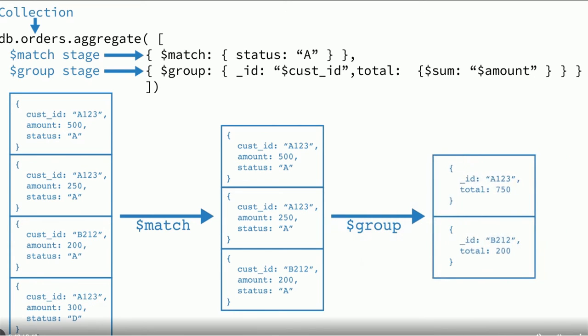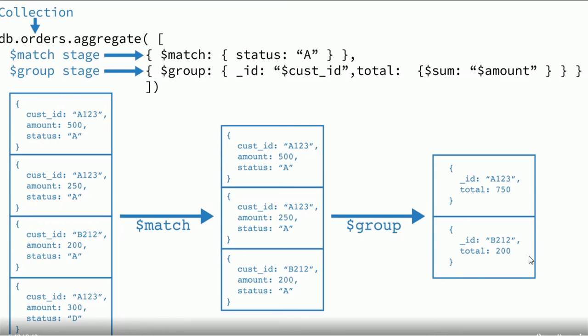Next, based on customer ID, if you find here customer ID A123, A123, it is grouping based on those customer IDs. So again it is aggregated. The collection of documents is aggregated based on customer ID, and here it is A123. Since we are mentioning the sum of amount, it is 500 and 250, it is added, this sum is calculated, and 750 is represented here.